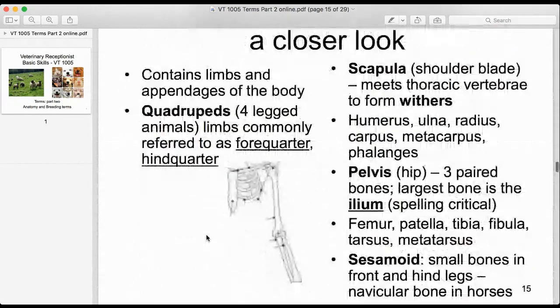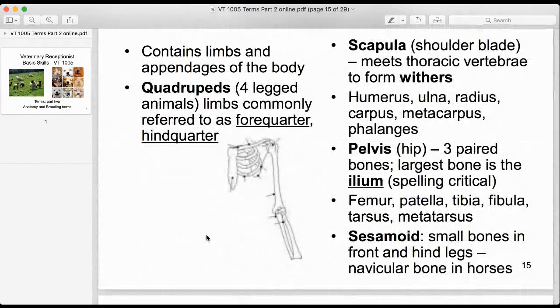So this is in our limbs and appendages. We call four-legged animals quadrupeds, and quite often we'll call the front area of the animal forequarter and the hindquarter. We don't really say the arms of the animal. We do say legs, but you might say the forearms or the forequarter and the hindquarter.